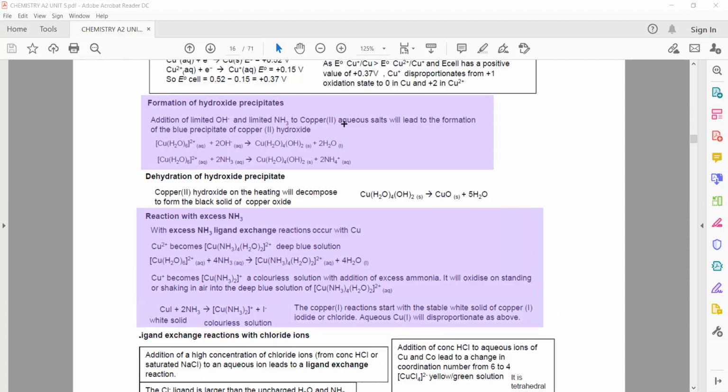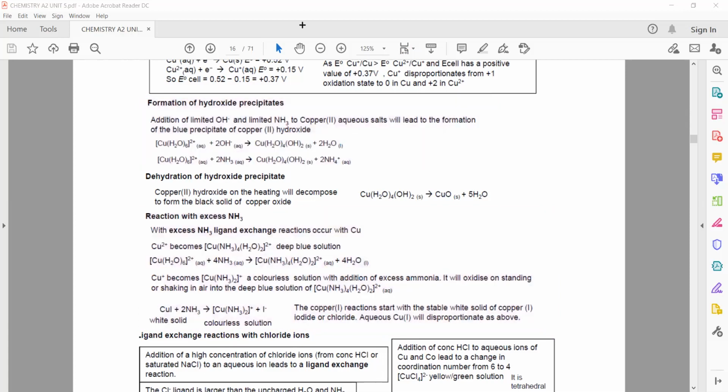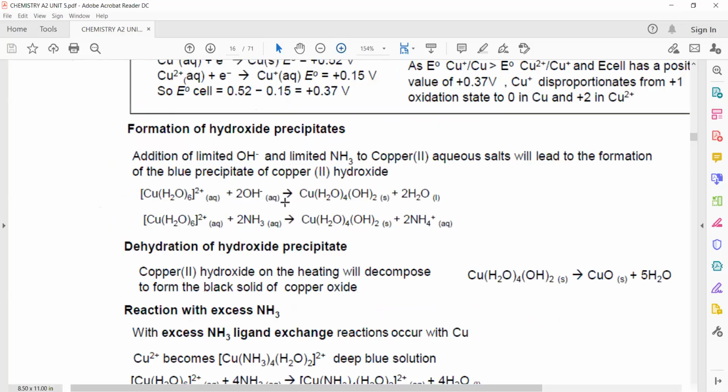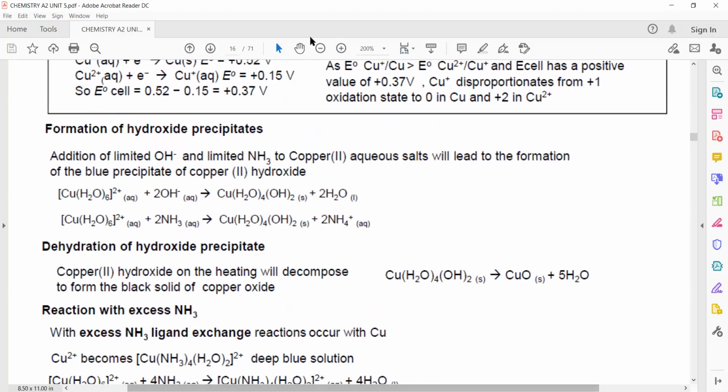I will explain this remaining part. First, better copy this. Formation of hydroxide.